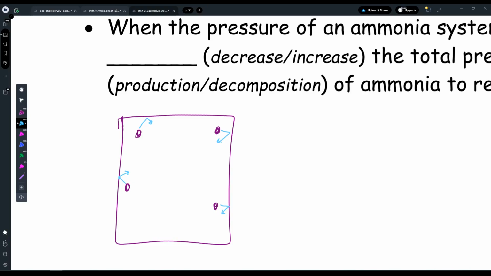So if you have lots of moles of gas bouncing off of the side of the container, you're going to have a higher pressure. However, if you have less moles of gas, you're going to have a lower pressure because there's less moles of gas bouncing into the side of the container.